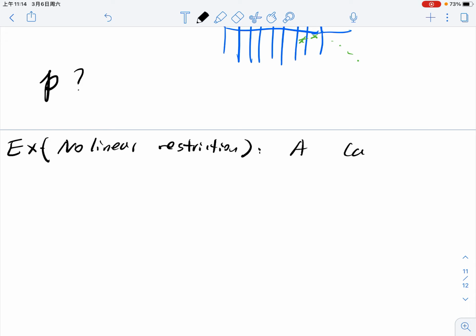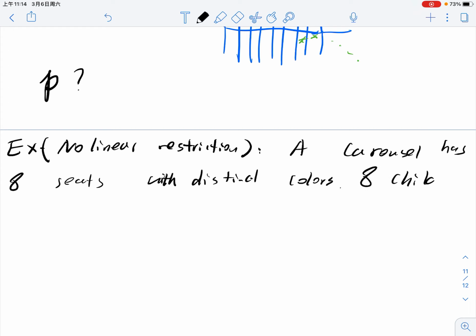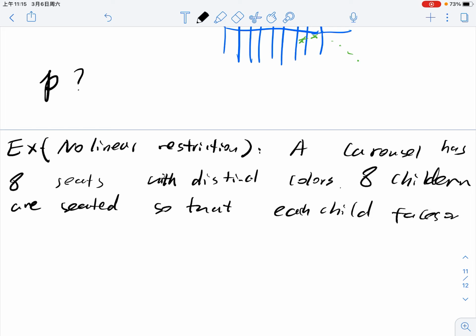So a carousel has 8 seats with distinct colors, and 8 children are seated so that each child faces one child's front.